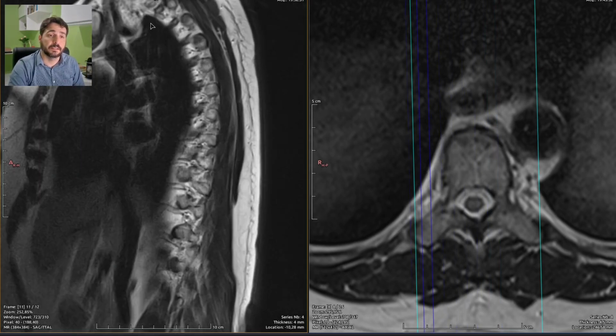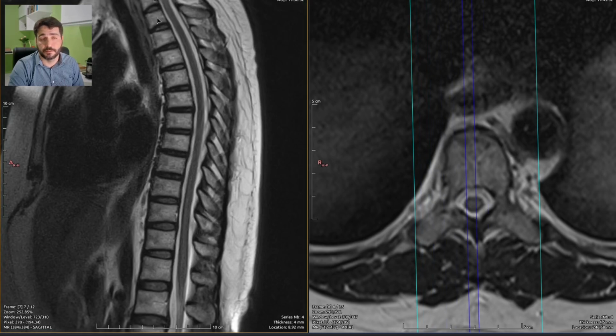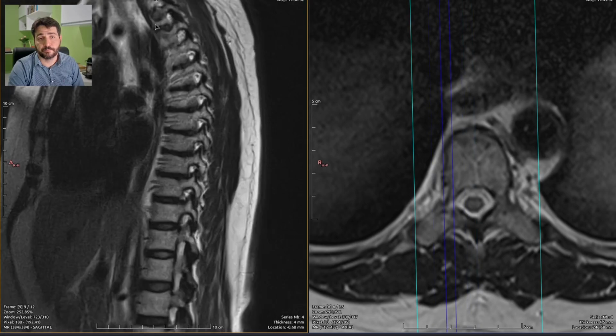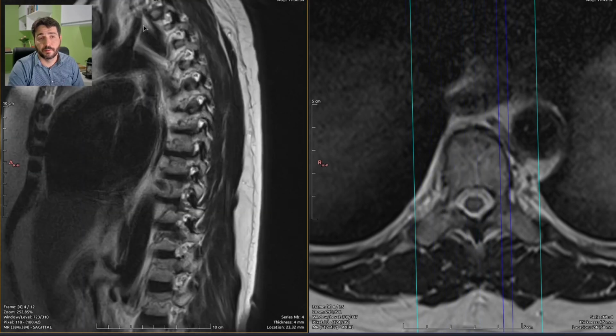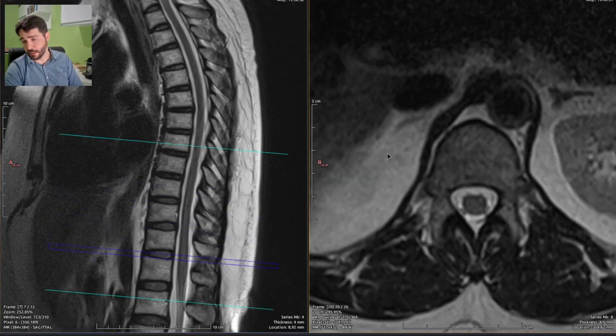I can see this is the first rib, so this is the first vertebra, and our disc is right here. So first rib, first vertebra. This is 1, 2, 3, 4, and 5. So the bulging disc is D5, D6, and we are done.